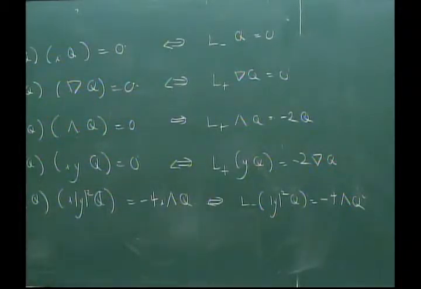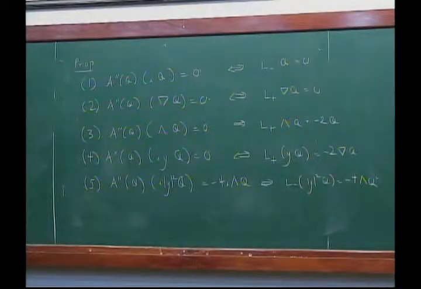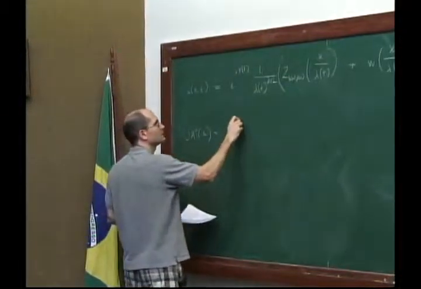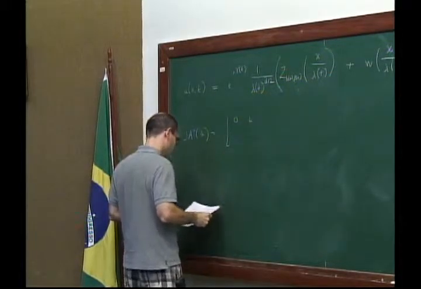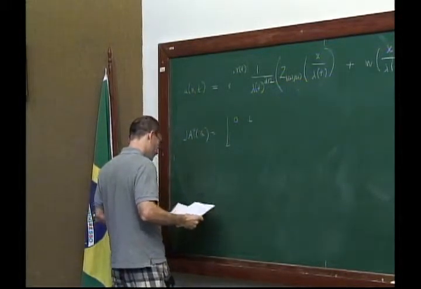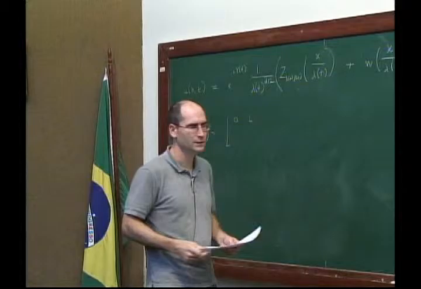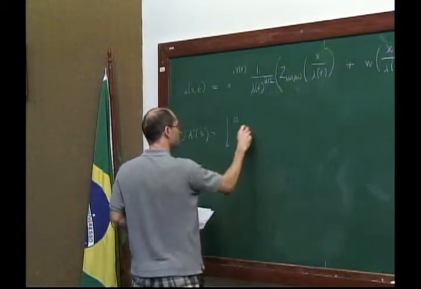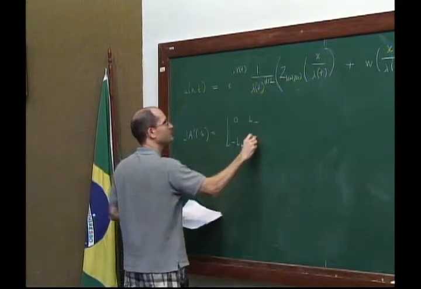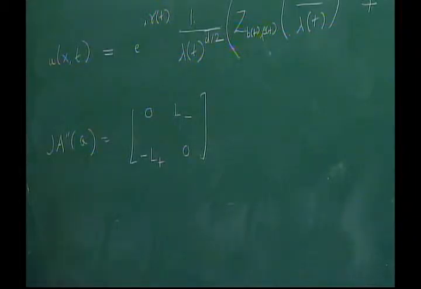And so what this, I shouldn't have erased it. So what we want to understand is this j a double prime of q, which was 0, L minus, minus L plus, 0.